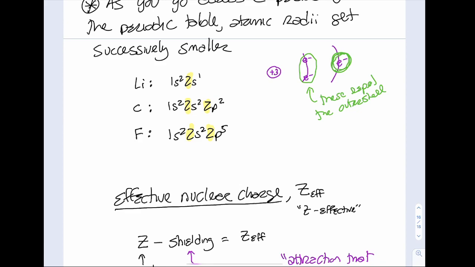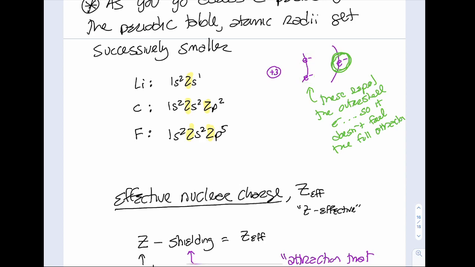which we do have a special name for. So by it I mean the outer shell electron doesn't feel the full attraction. If I was to get rid of those 2 inner shell electrons, it would be more attracted to the nucleus than if they are here, because they're repelling it.